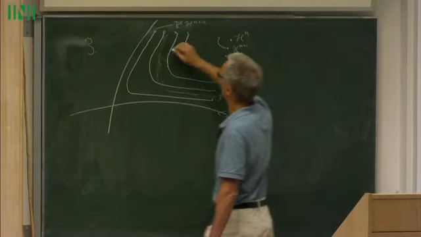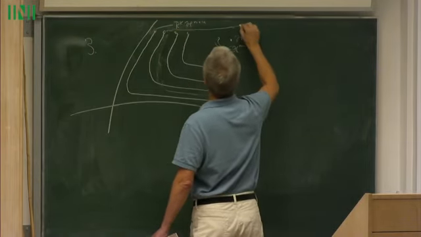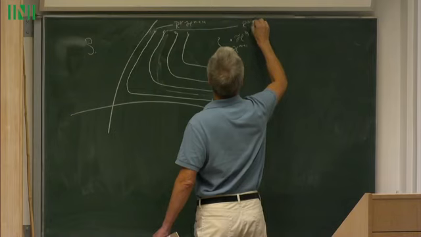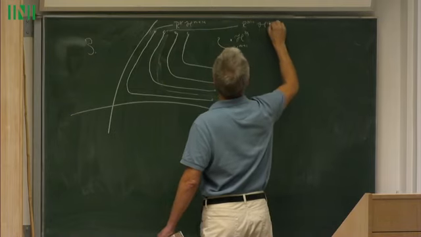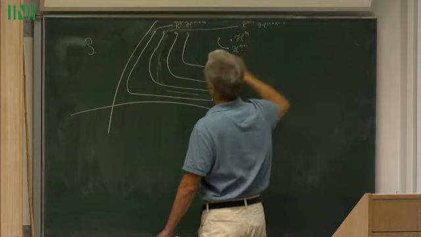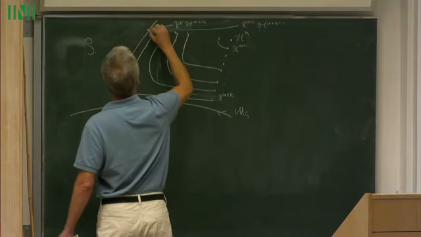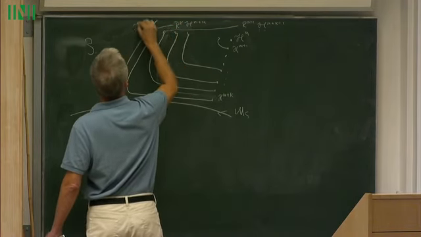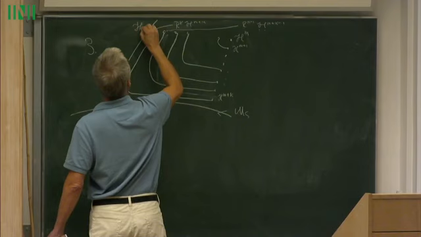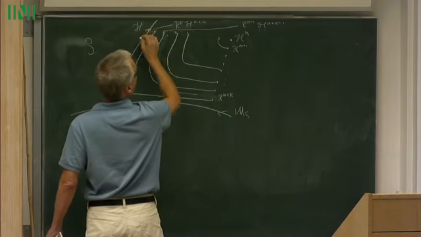So here is R^{K-1} H_{m+K-1}. Okay, so I want these to converge to something which I call H sub m.